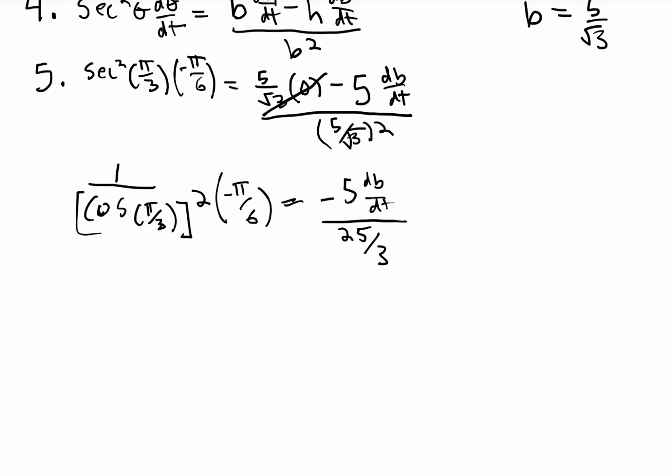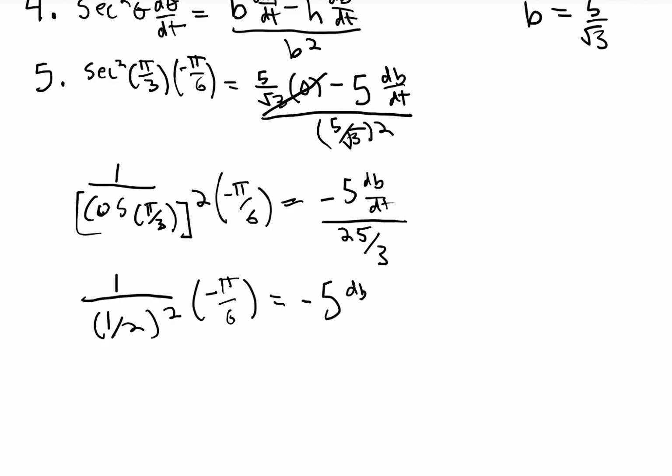I'll just continue cleaning stuff up. My cosine of pi over 3, if I'm looking at cosine of pi over 3, it's really just a half. That's what we said it was earlier, and I'm squaring that. Over here, if I'm dividing by a fraction, I am really multiplying by the reciprocal. So I can think of this as 3 over 25 instead, and that will give me a nice cancellation.